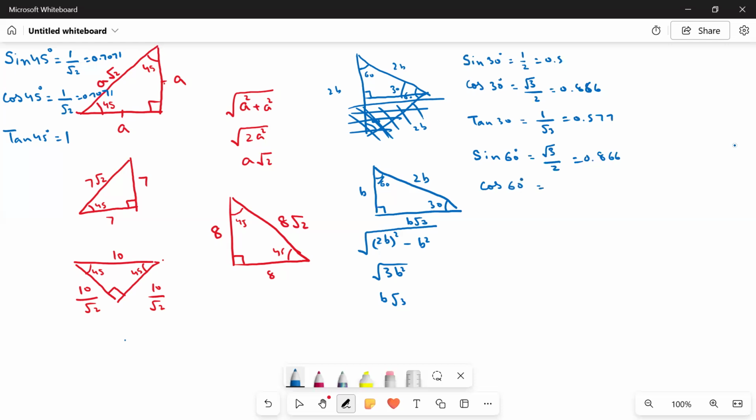It is b over 2b, adjacent over hypotenuse, right? So b over 2b will become 1 by 2, 0.5. And what is tangent of 60 degrees? Sine over cosine, tangent is root 3 over b root 3 over b, so b will cancel and it is just root 3. It is 1.732.